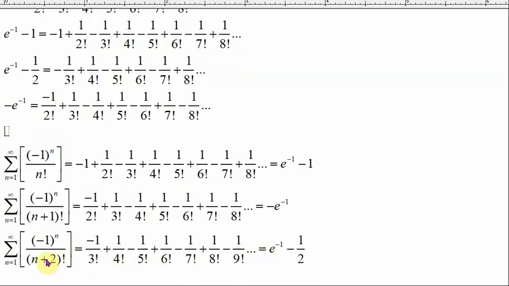And then the last thing we need is the series with the expression (negative 1) to the n over (n plus 2) factorial. And here are the terms. So this is the infinite sum that starts with negative 1 over 3 factorial, which is this right here. So it's equal to e to the negative 1 minus 1/2.